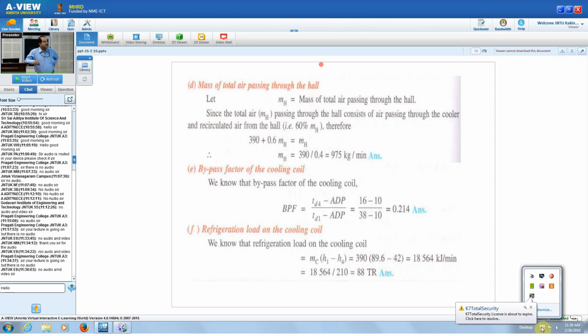And then the refrigeration load on the cooling coil is MC into H1 minus H4, where the MC is calculated previously as 390, and with these two, H1 minus H4, we will get finally 80,564 kilojoules per minute. If you convert it to tons of refrigeration, it will be 88 tons of refrigeration.